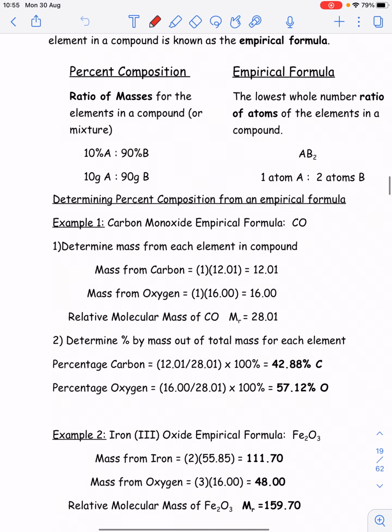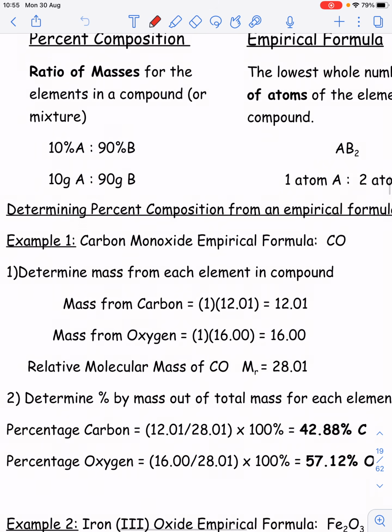So in the simple example given here, 10% is listed for element A and 90% is listed as element B. And what that means is out of any given mass, 10% of the mass or the grams will come from A and 90% will come from B in terms of their atoms.